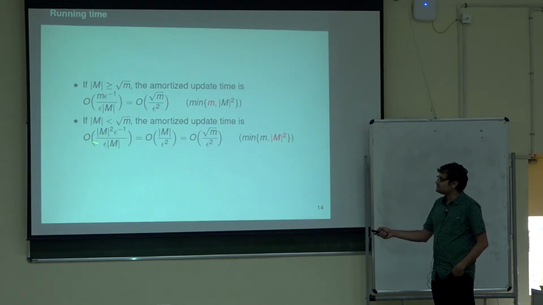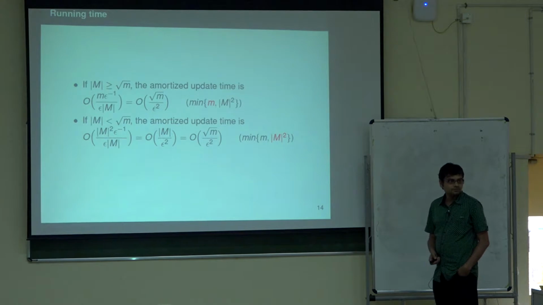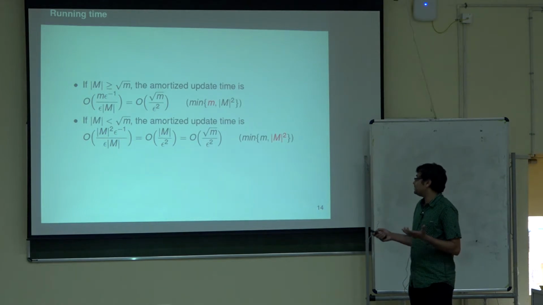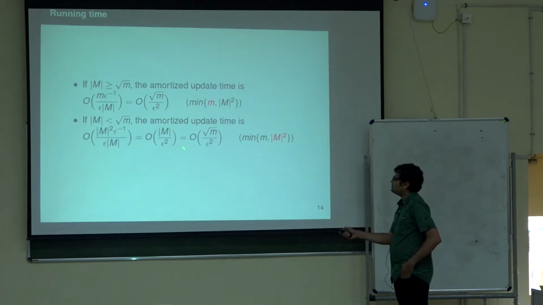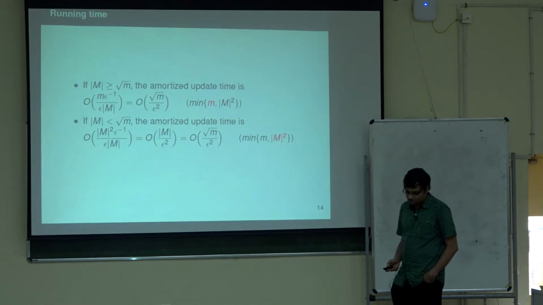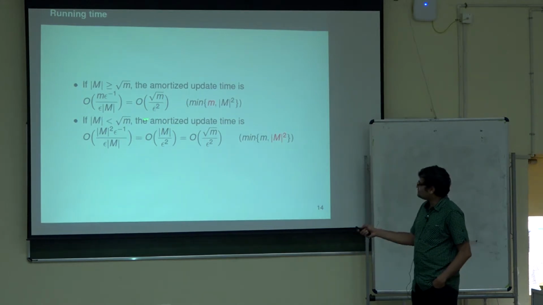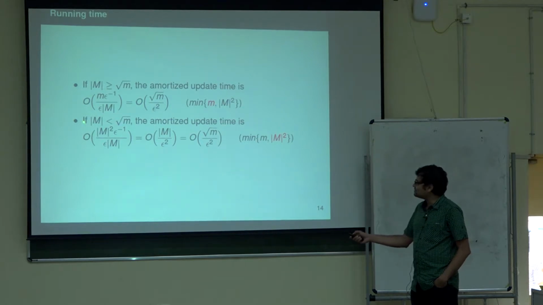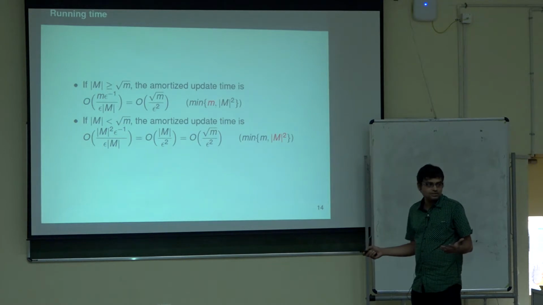Even in this case, this m and this m cancel out, and since m is less than square root of m, the running time is order square root of m over epsilon squared. So this tells you that the update time of this algorithm is order square root of m by epsilon squared, and you can see this is an amortized update time, because at some update step you are taking a lot of time, and at other update steps you are actually doing nothing.